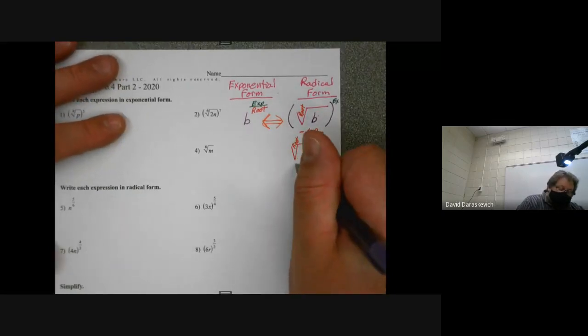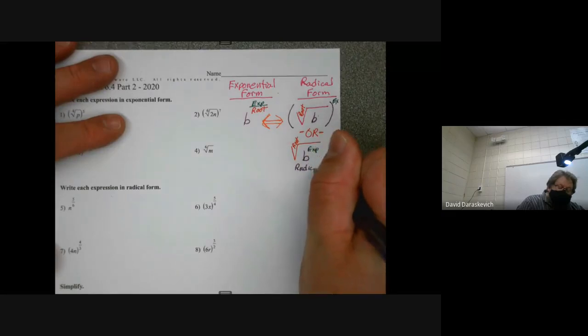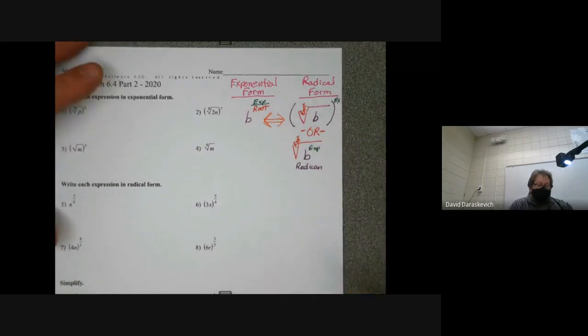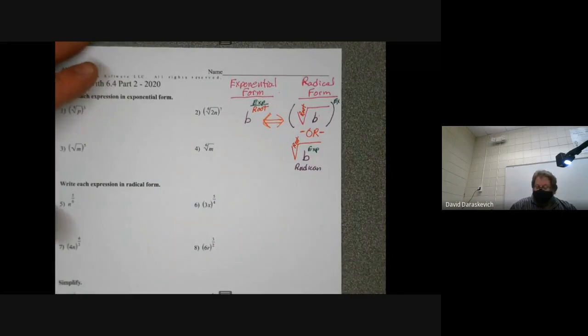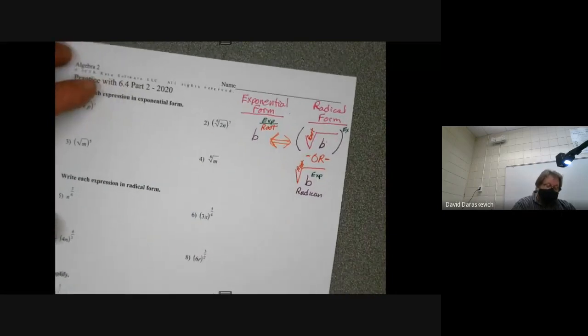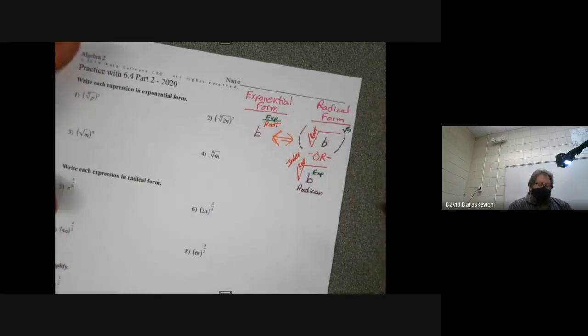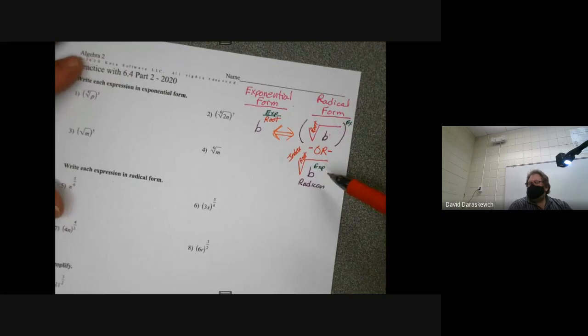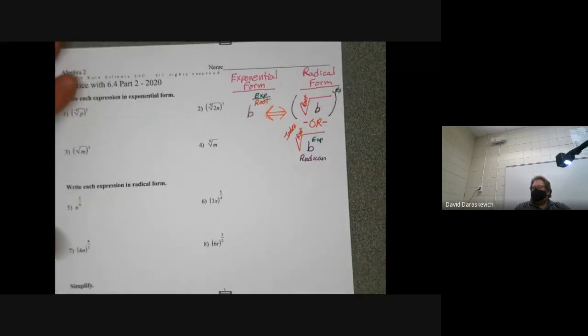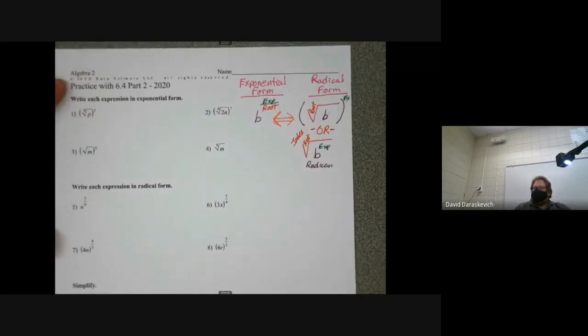The base is now called radicand. The root is now called index. And I think the exponent's still the exponent. I don't think they messed with me yet on the exponents.